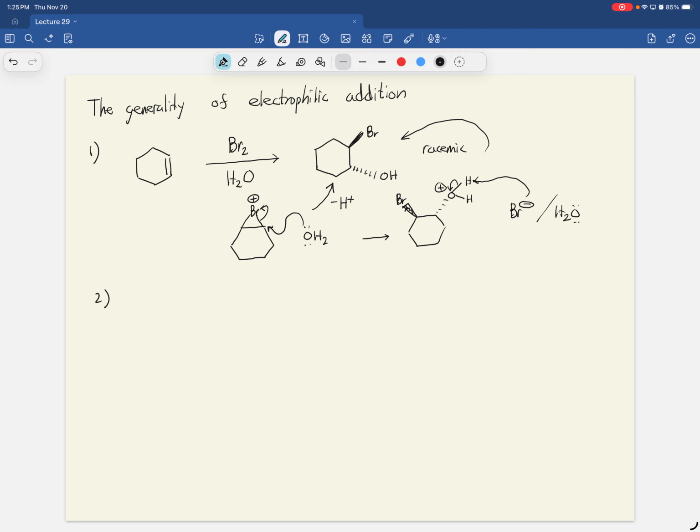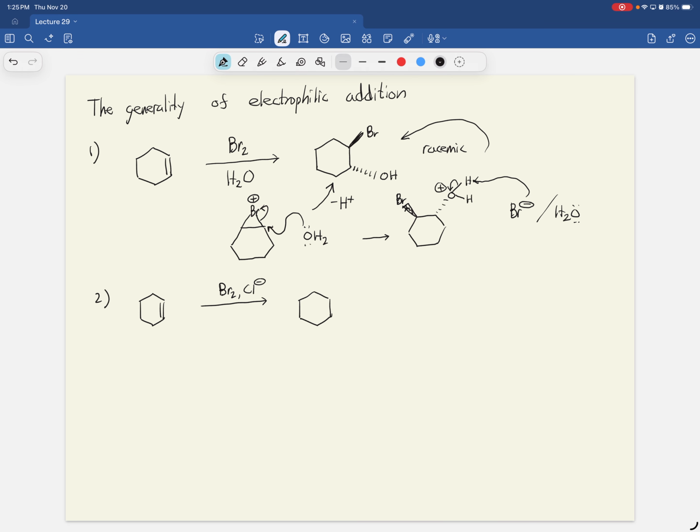Okay, so another thing that can happen, let's take our generic cyclohexene again. Now, instead of water, let's add Br2 and chloride ion, like sodium chloride. You're going to probably have more chloride in there.